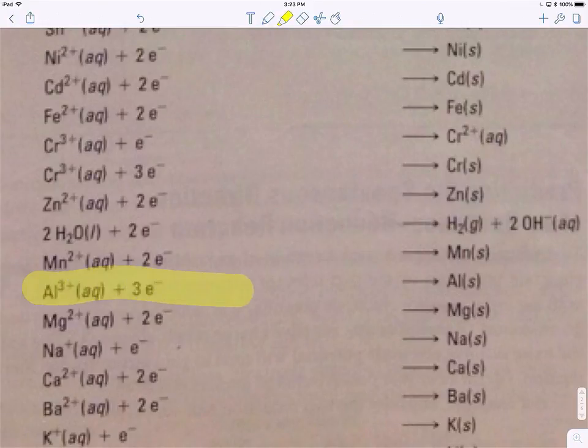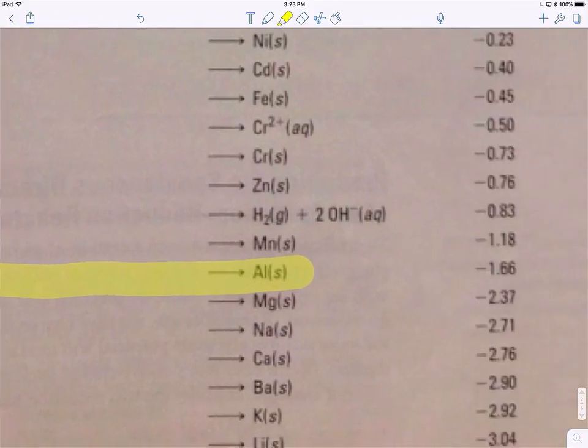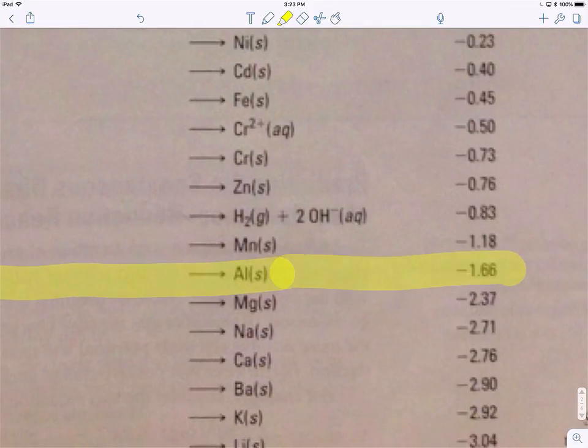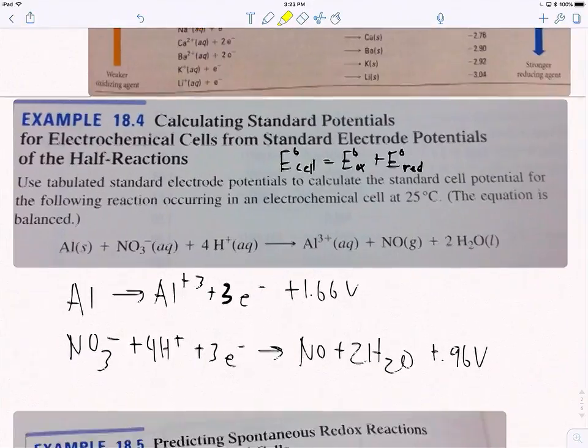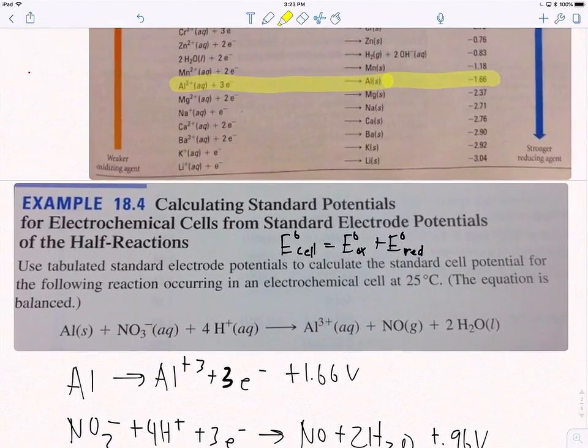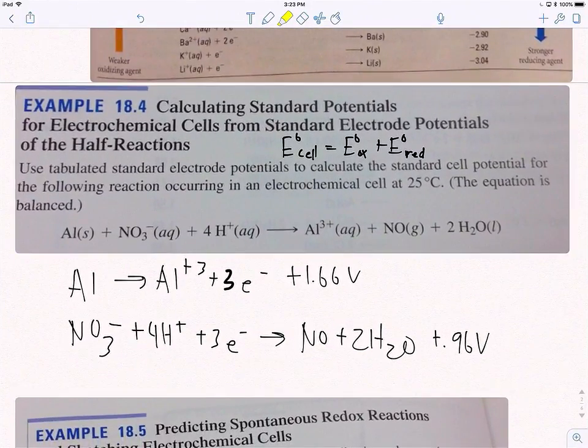So the potential for aluminum is minus 1.66. That's the reduction potential for aluminum. And then nitrate.